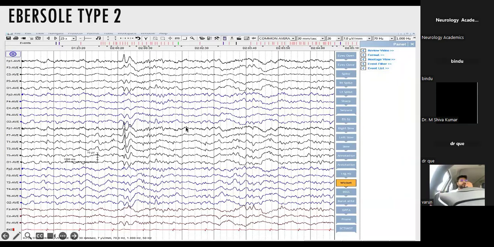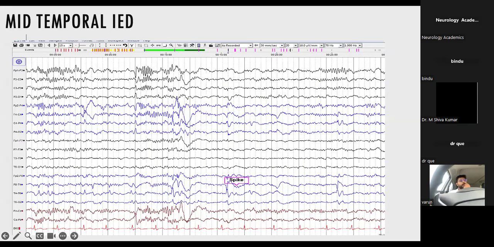Coming to mid-temporal IEDs. Mid-temporal IEDs can be seen in mesial and also neocortical temporal lobe epilepsy. Here in this bipolar montage EEG, we can see phase reversal at T4.